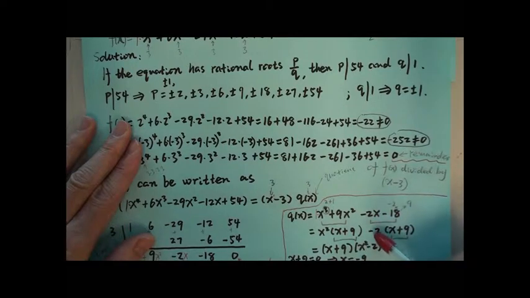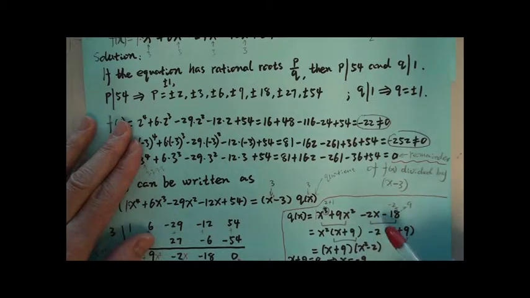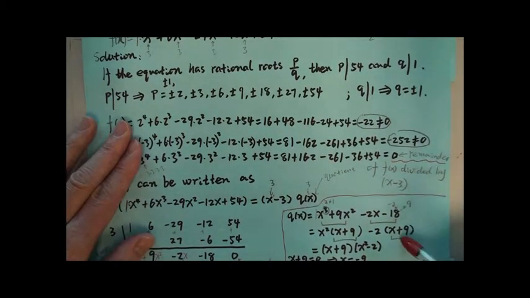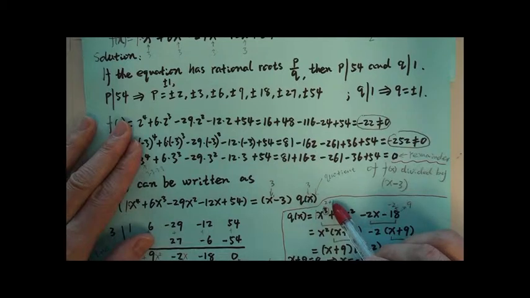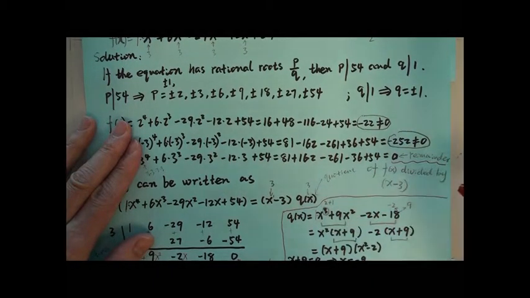If you pull negative 2 out, then you have x plus 9. Because if you go back, negative 2 times x is negative 2x, and negative 2 times 9 is negative 18. Right here x cubed is x squared times x, and here 9x squared is x squared times 9.